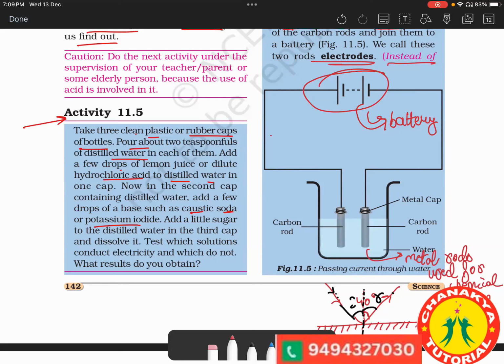When you do this experiment, you will observe bubbles coming out. If bubbles come out, that tells us there is a chemical reaction due to electric current. But if there are no bubbles, you will understand that no chemical reaction is taking place.